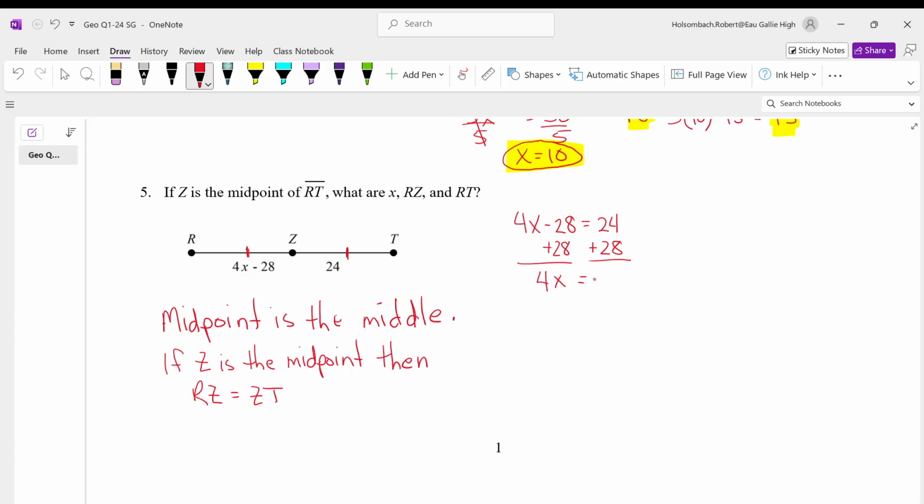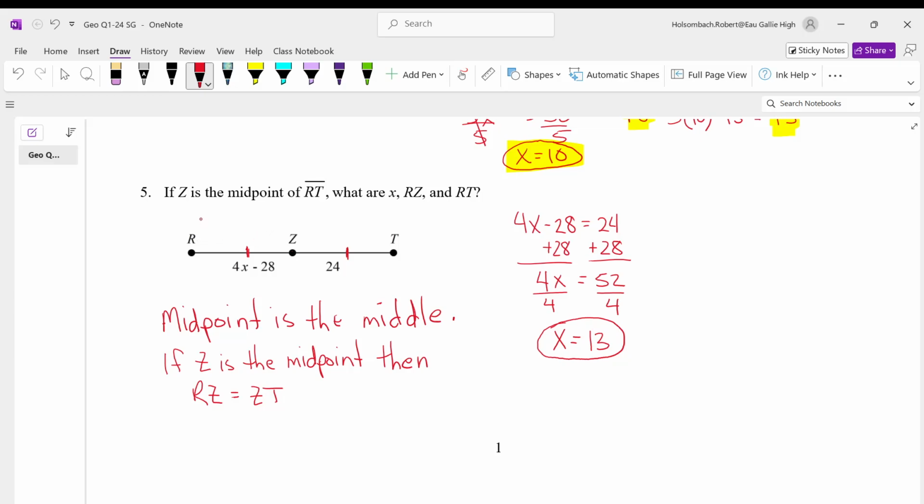That's 52. Divide both sides by 4. And our X is equal to 13. So our X is equal to 13.